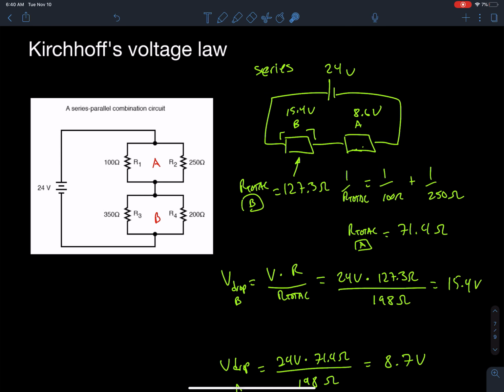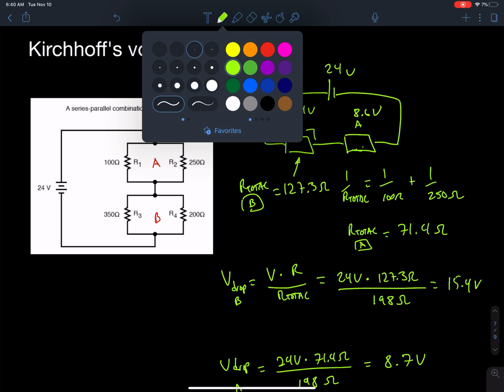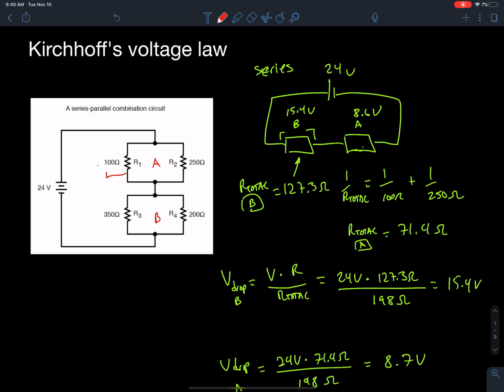So according to Kirchhoff's voltage law, I can say that if I had a voltmeter attached here and a voltmeter attached there, across A, that's going to read 8.6 volts. This is going to read 8.6 volts, and if I had a voltmeter attached here and here, this one's going to read 15.4 volts, and that one is also going to read 15.4 volts.